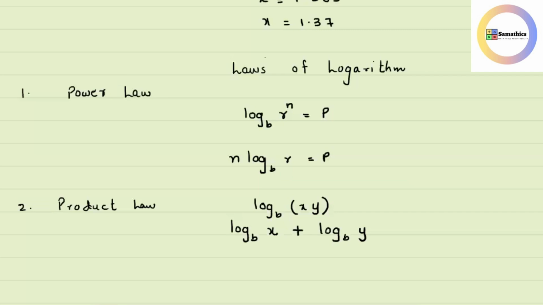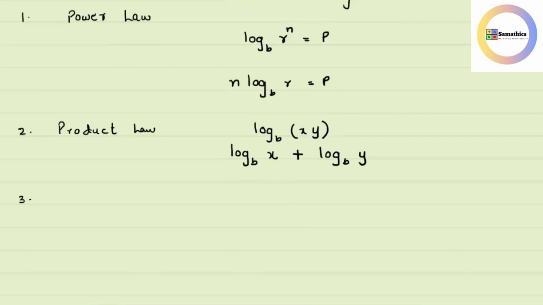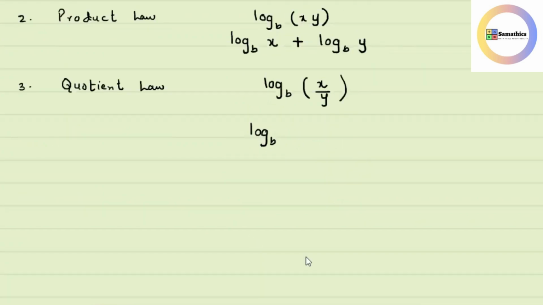So this is called the product law. Then third is the quotient law. In the quotient law, if it is log b of x upon y, then you have to write log b x minus log b y. So there is division, so you write a minus sign here. Then you solve the question.